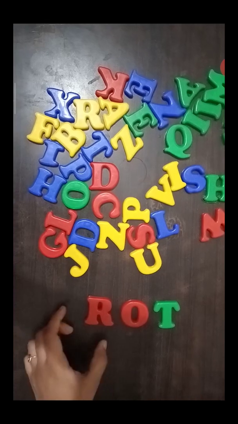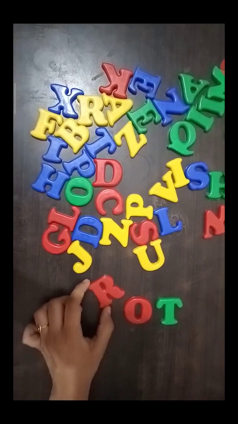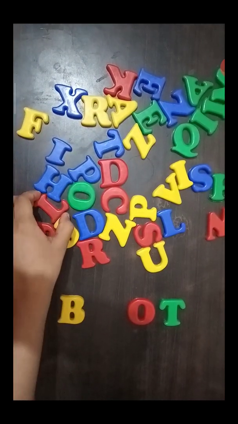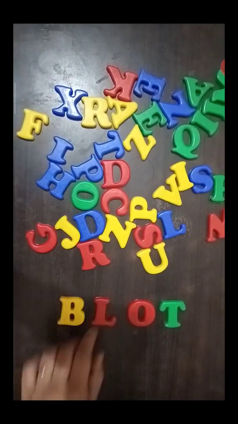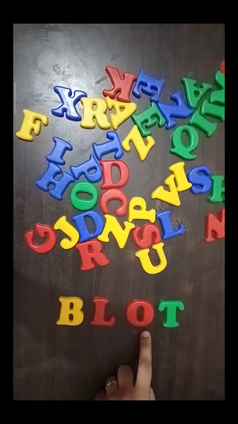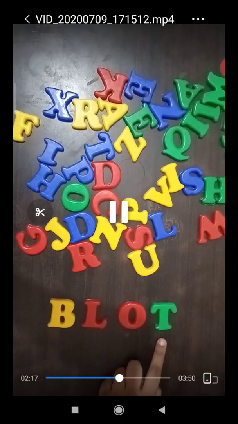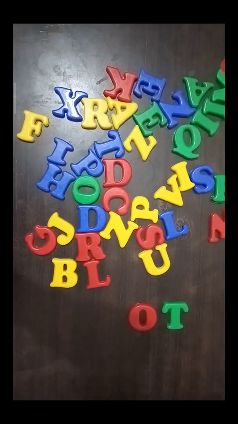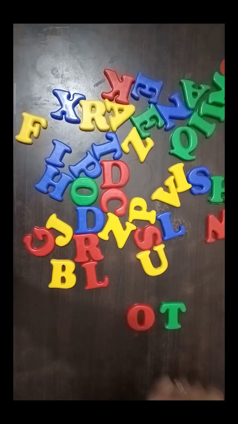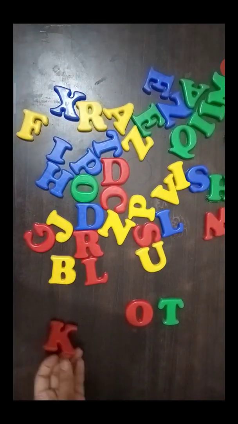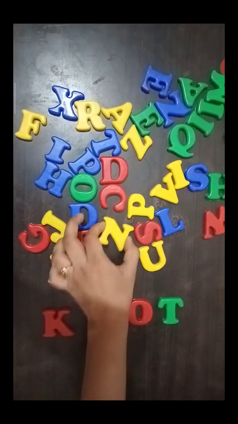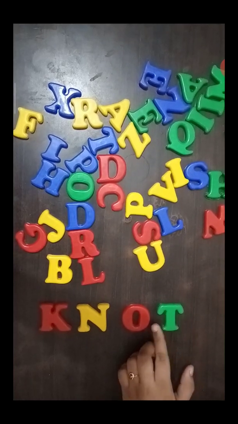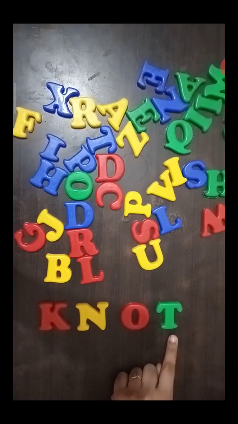Now students, find out the letter B and L and make the word blot. B-L-O-T, blot. Next students, find out the letter K and N and make the word knot. K-N-O-T, knot.